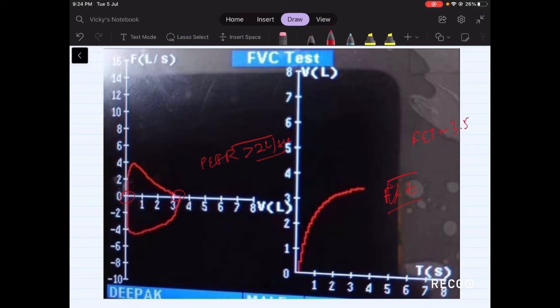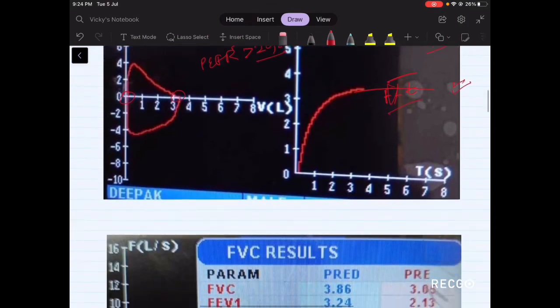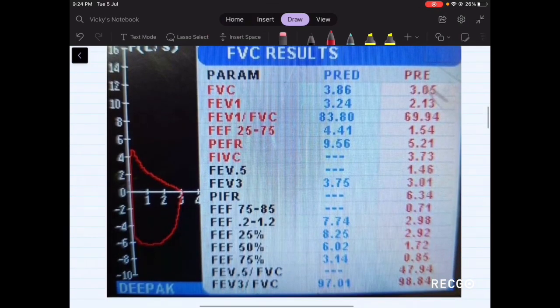So will you accept this graph? No, we won't accept this graph, right? Let's assume that this has gone over the 6 seconds and we have accepted this graph, right? Then these are the results of this graph. Let's assume that the graph is okay and we have accepted it, and you have this chart which has come. This is a result chart.